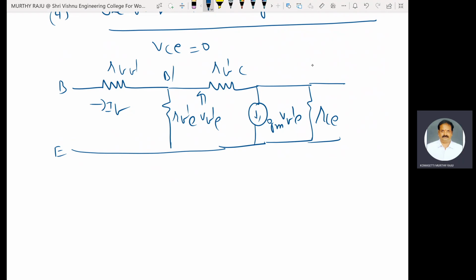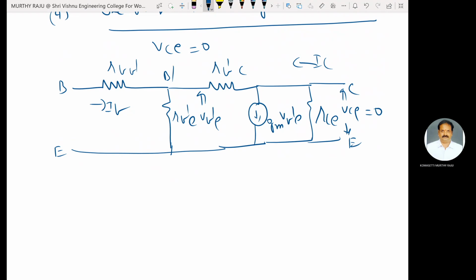This one is IC, VCE. Put VC is equal to 0 in the hybrid model.